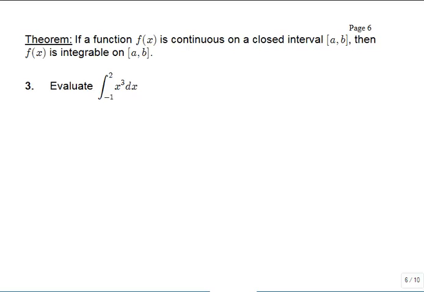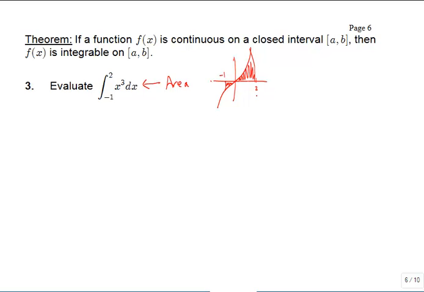Now at this point, since we haven't learned this fundamental theorem of calculus yet, the only way that we can figure this out is by imagining this as an area under the x cubed graph from -1 up to 2 and finding this area.